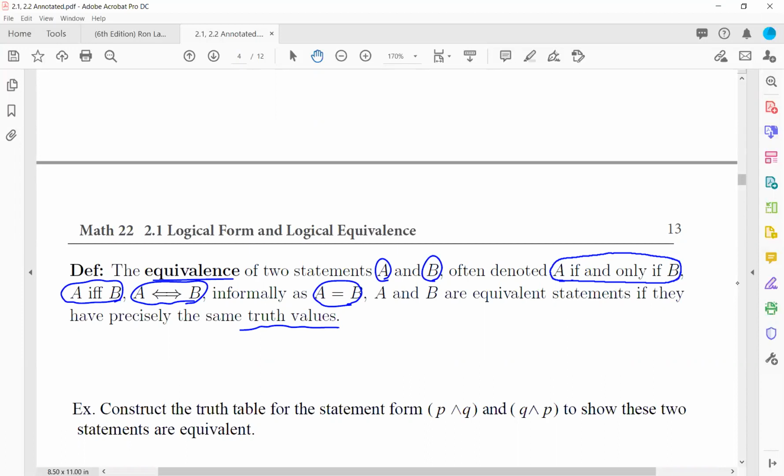Then you say that these two statements are equivalent to each other. Like X equals Y is the same as Y equals X. Of course, these two statements are equivalent to each other.